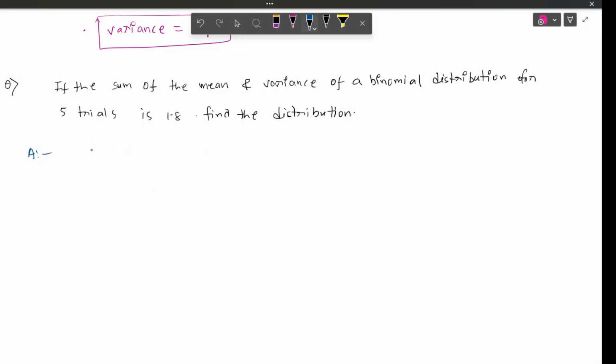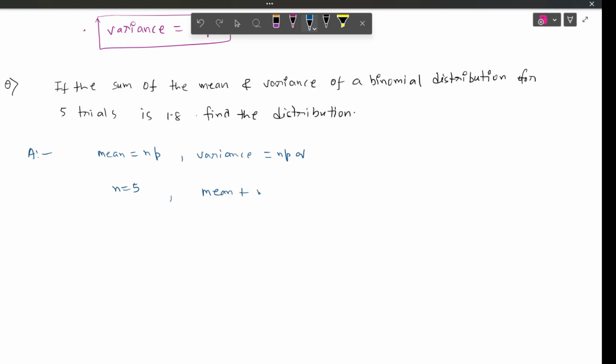So you know that mean is n into p and variance is npq. So it's given that n equals 5, right? 5 trials. Sum of mean and variance is 1.8.